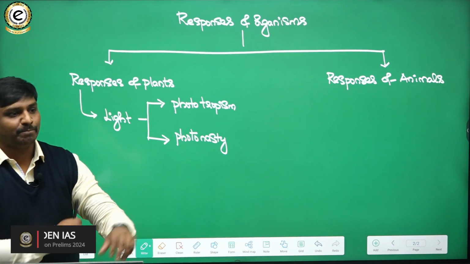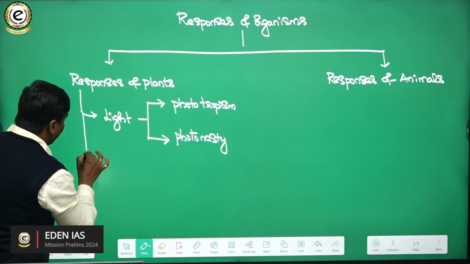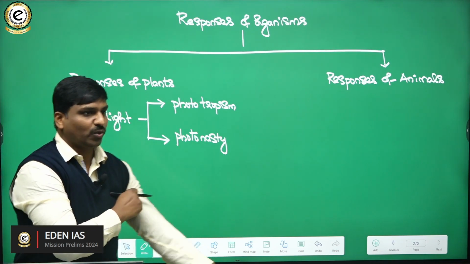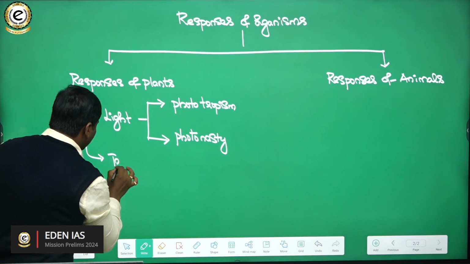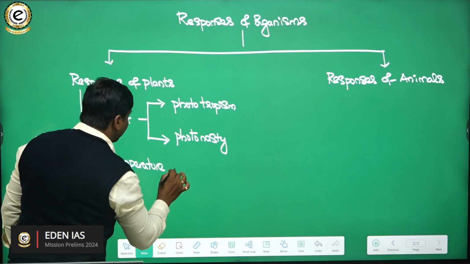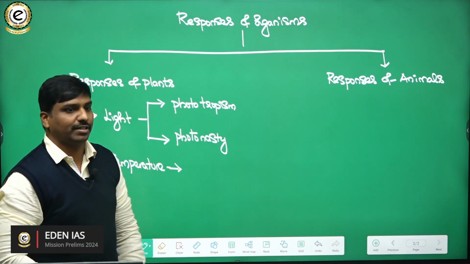The next abiotic component we have is temperature. When we talk about temperature, plants show a kind of response to it.